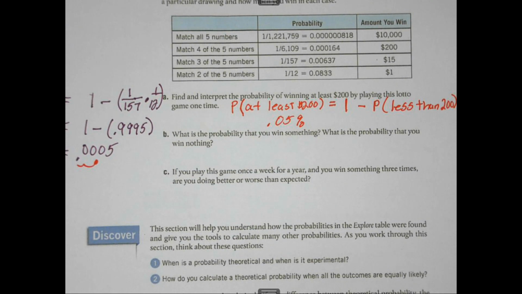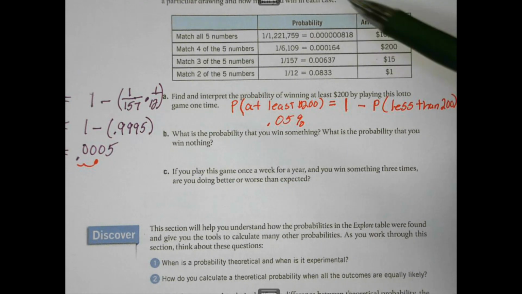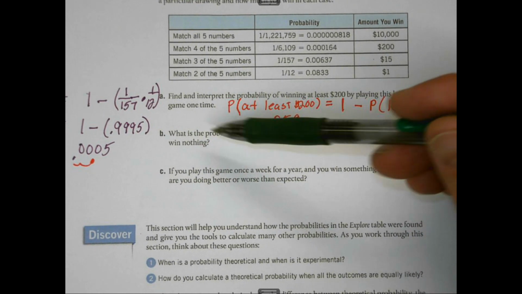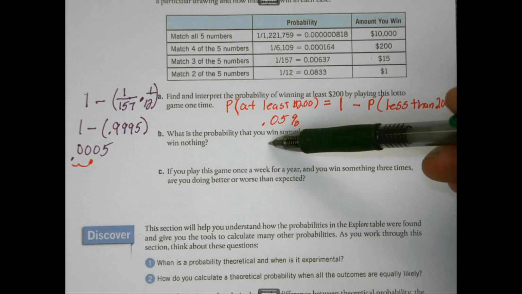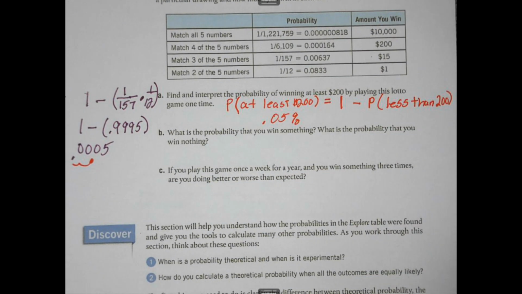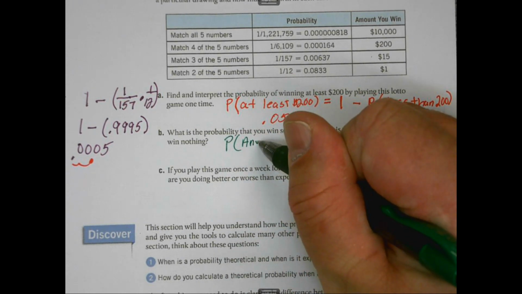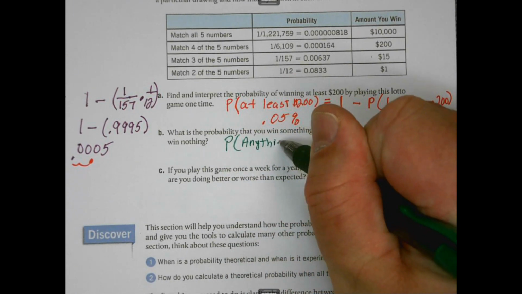B, what's the probability that you win something? Oh, so anything. Okay, so the probability of anything. Well, I'm just going to go ahead and multiply all these probabilities together.